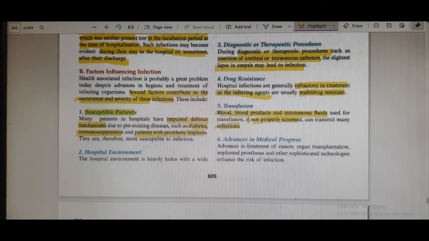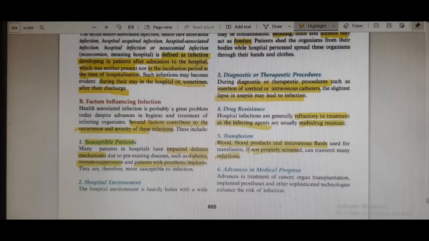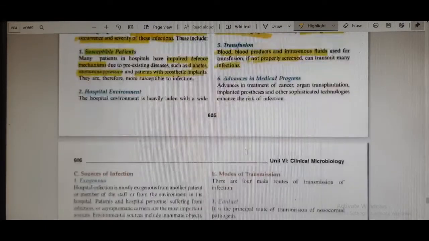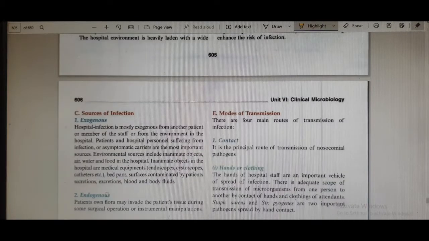So, these sophisticated technologies can also cause the risk of infection to be high. So that is advances in medical progress. So that completes the six different factors that are causing infections in the people who are staying in the hospital or at the time of the discharge from the hospital.